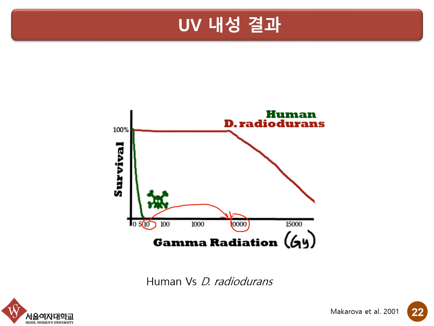In the next slide, we are going to see the unique domains of Deinococcus species, which play a very important, key role in radiation resistance.